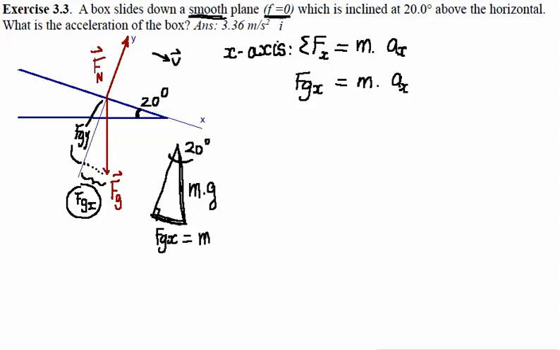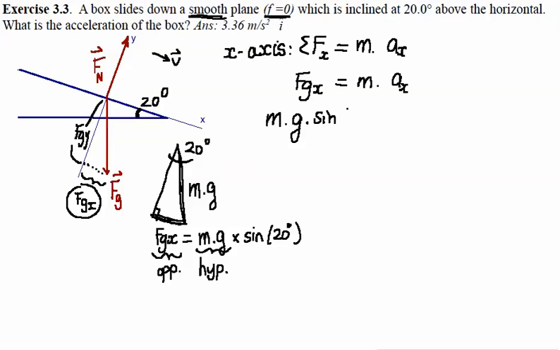So it's going to be m times g, which is the hypotenuse, times sine 20 degrees. Okay, and again, this is the opposite. So Fgx is m times g times sine 20 degrees, and this is equal to mass times acceleration.